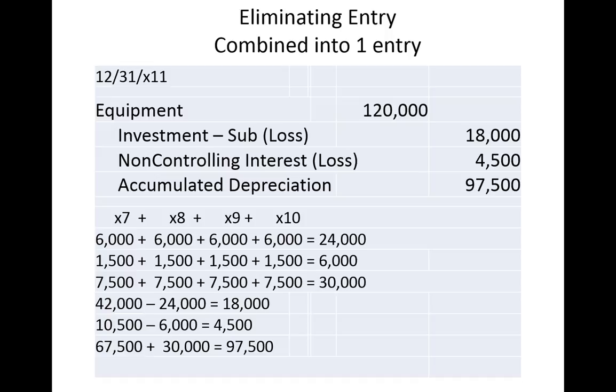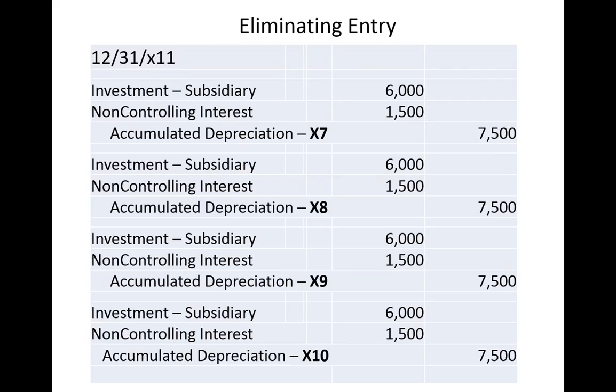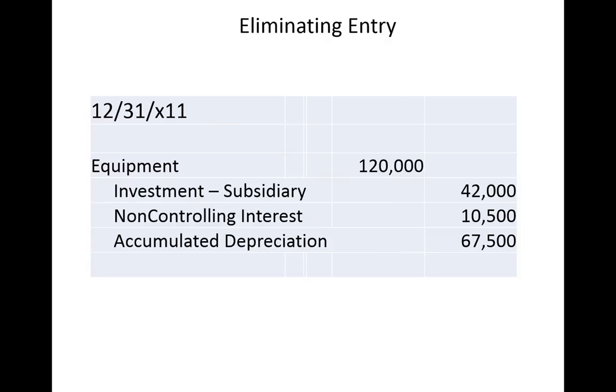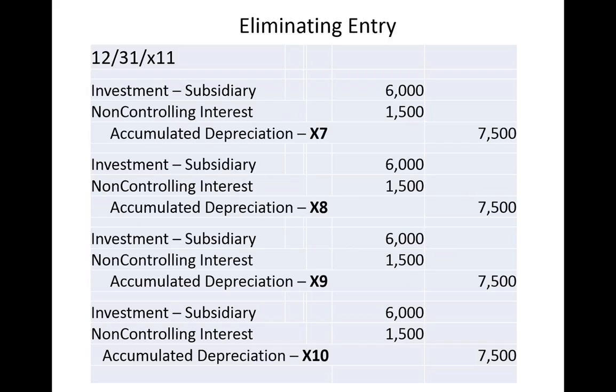We can combine all those together and get the following entry, and this would be one entry we can make on our EJEs, or we could combine them or separate them out like this. Doesn't matter to me what you do.